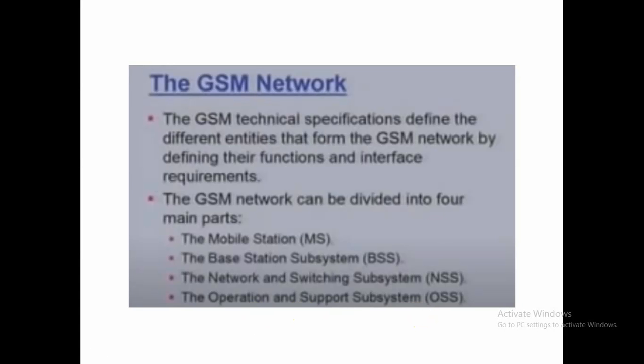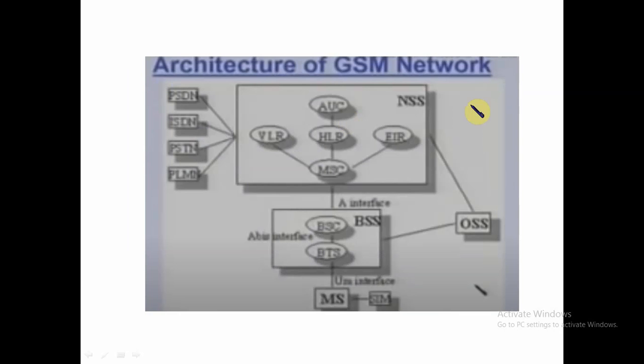Please note that we are talking about the entire network, and when we talk about the parts of the network, the mobile station is one part of it. We also have to manage it, as mobile stations are becoming more and more numerous.